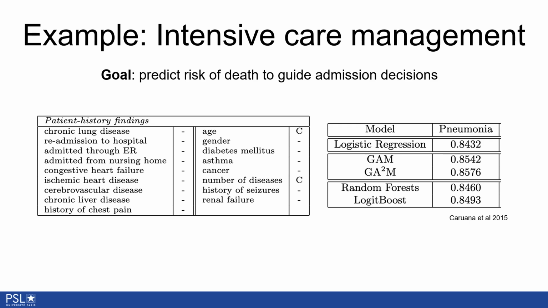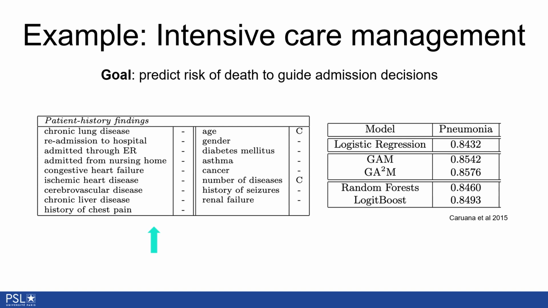As a reminder, here we're considering a situation where a patient comes to the emergency room of a hospital, and the goal is to determine the risk of death from pneumonia based on the patient's data and medical history. The table on the left lists a subset of input features available in the dataset.